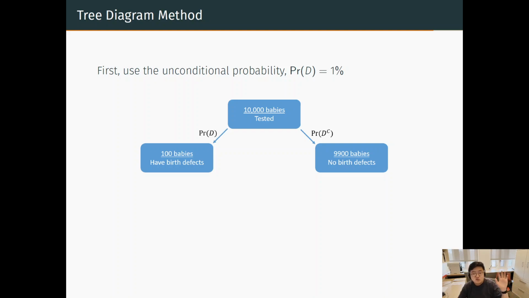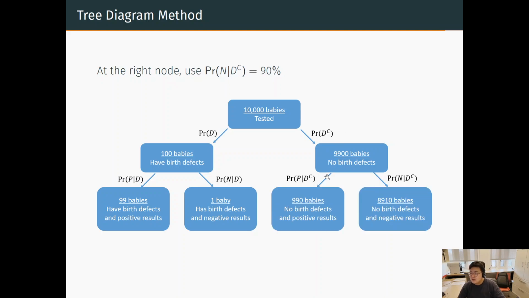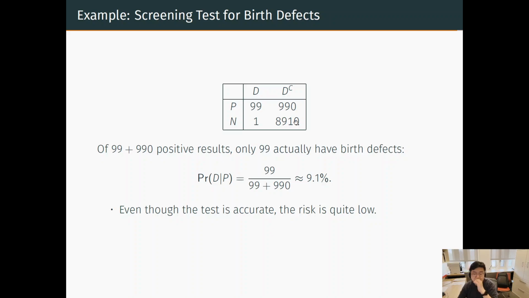So birth defects do not happen that often. So this is much lower. And in the end, the actual probability is much lower than this.